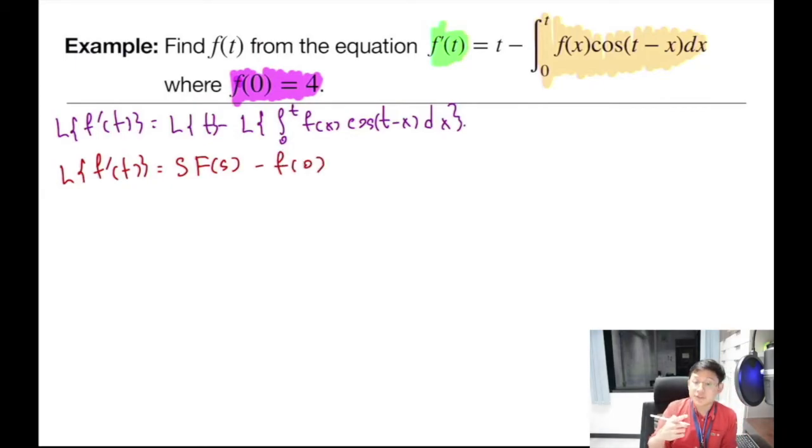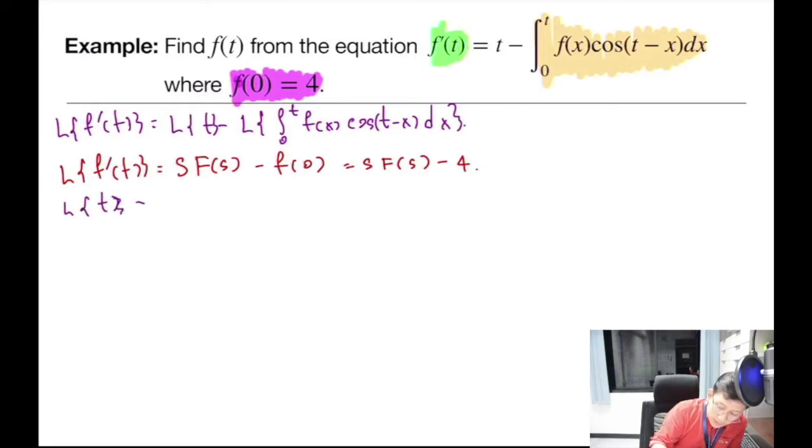But f(0) is what? It is 4. So it will be s F(s) minus 4. This is exactly the same as the initial valued problem that we did before in section 5. And the Laplace transform of t is 1 over s squared.